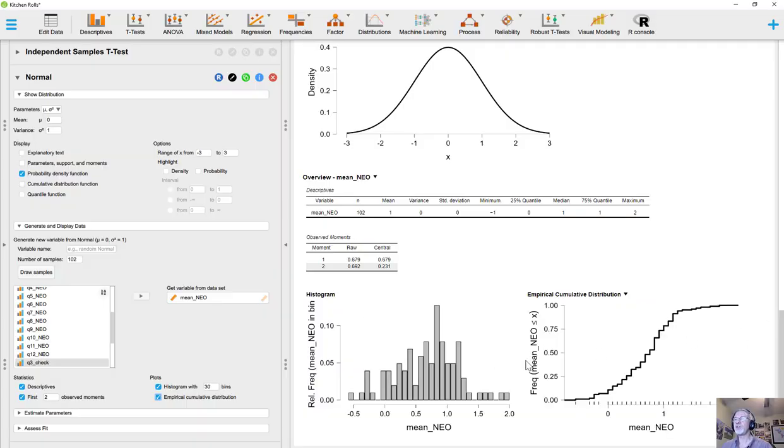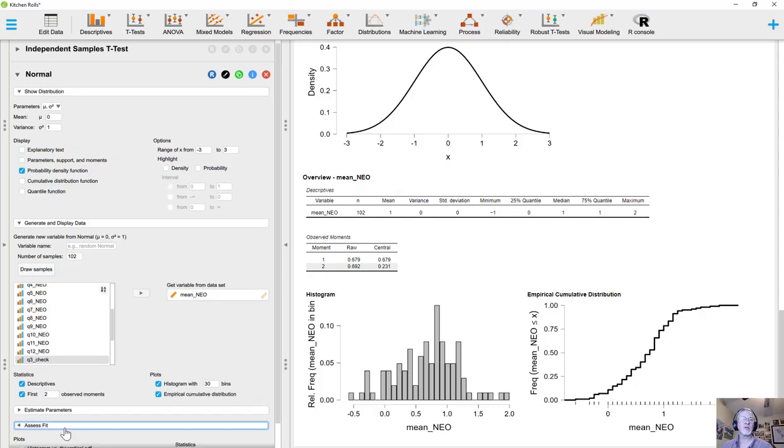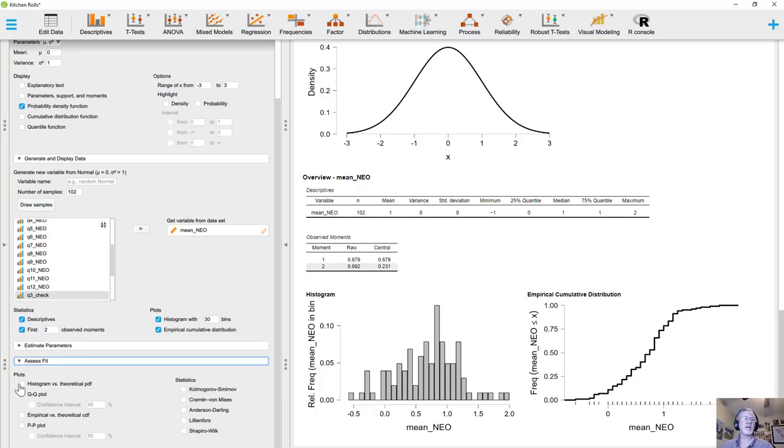And that's one view of some things going on, but I think it's going to be clear if I skip to where we go down to assess fit. But you can't go down to assess fit without at least putting this mean over here. And under assess fit, we're going to click everything.